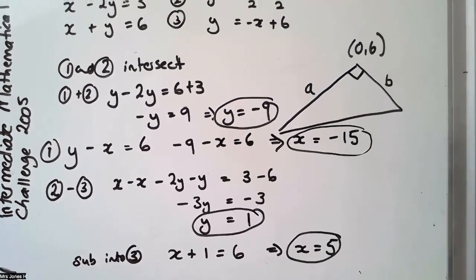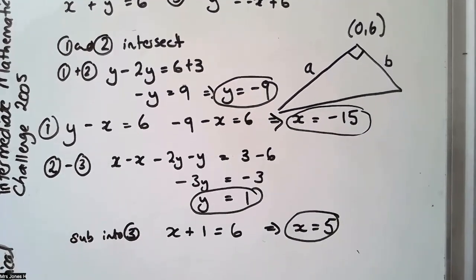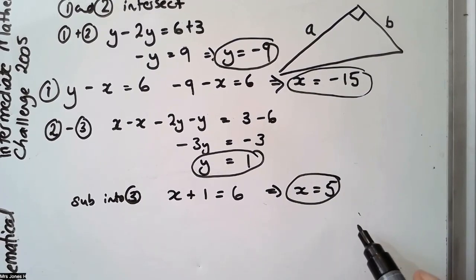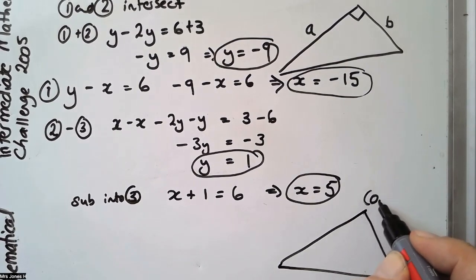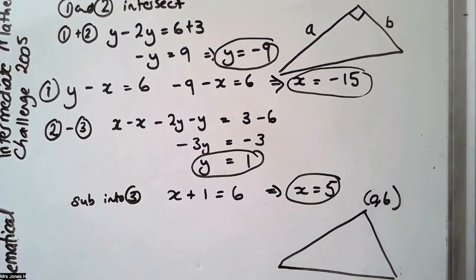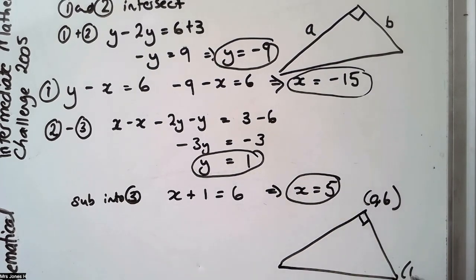So now what we can do is plot them on this triangle. I'm just going to draw this triangle down a little bit further so that we can trace it down the page. So this intersect here is at y equals 1, x equals 5.